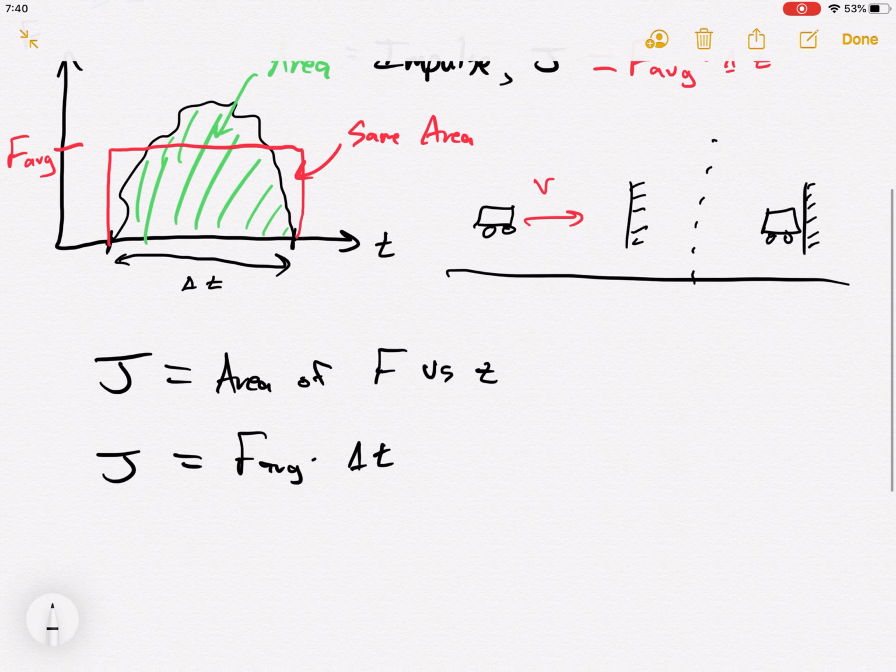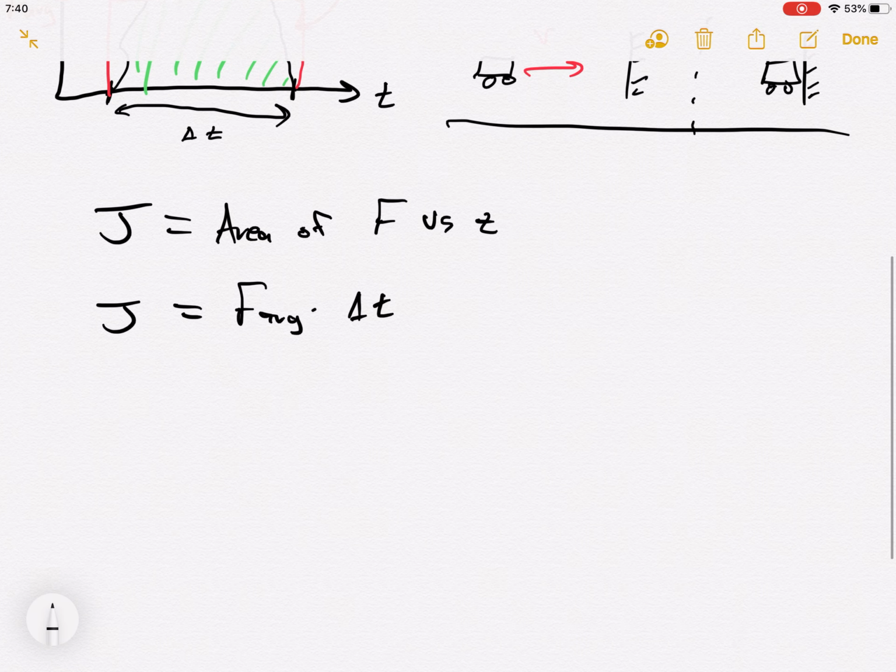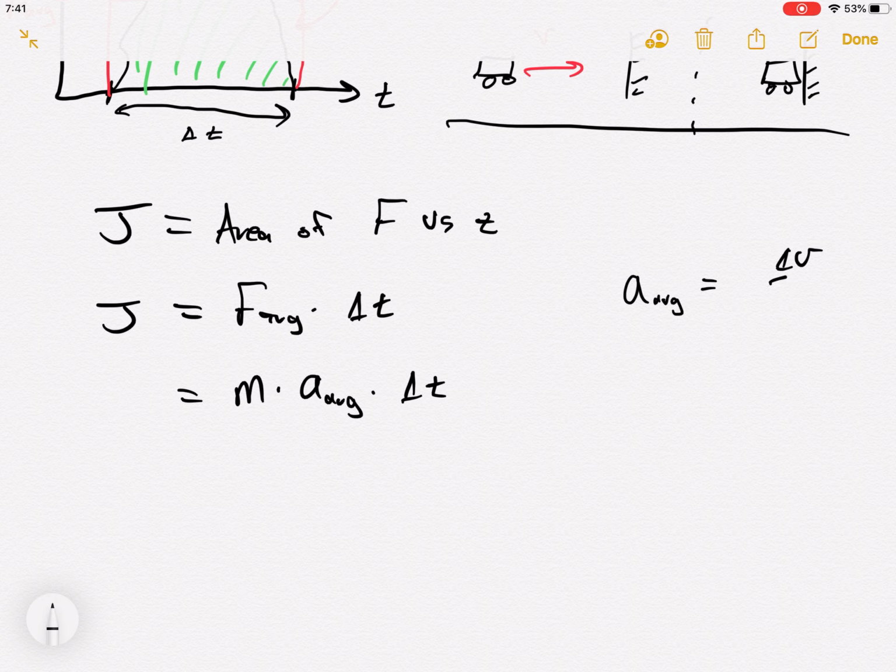And let's play with that equation for a second. F average delta t. F average would be m times a average, right? So I can say m times a average times delta t. That's just invoking Newton's second law. Shows up everywhere. Remember that average acceleration is by definition delta v over delta t.